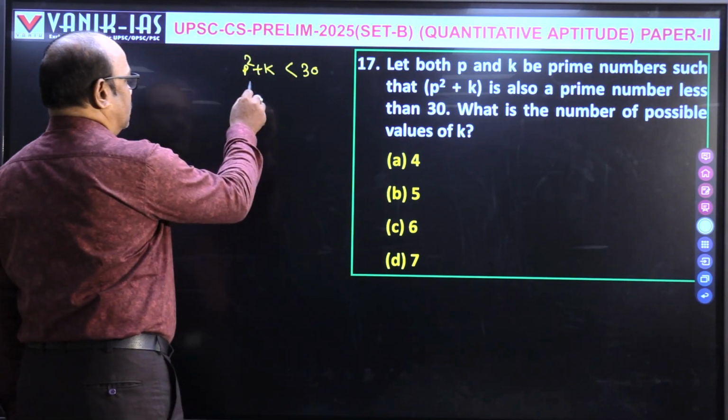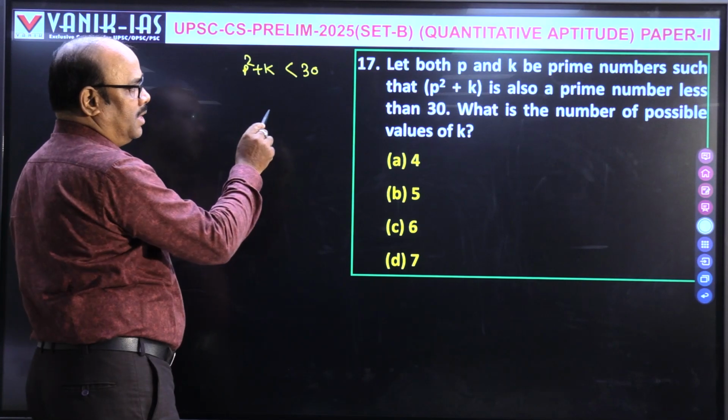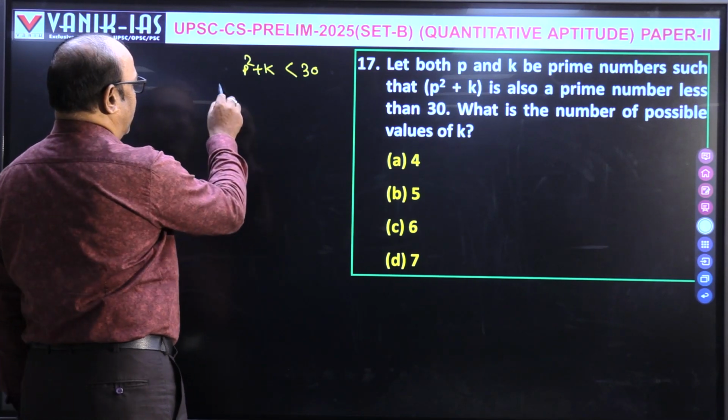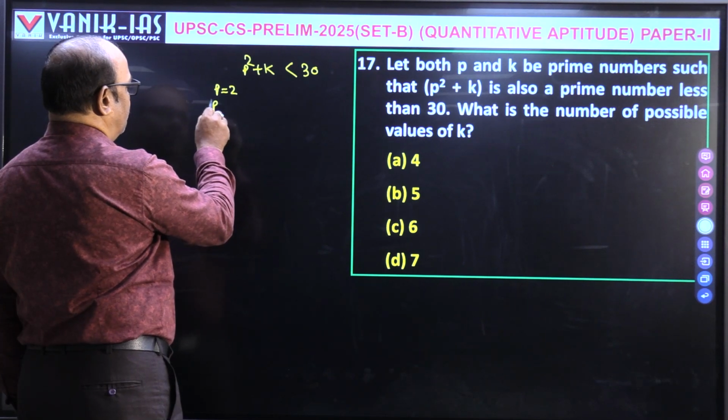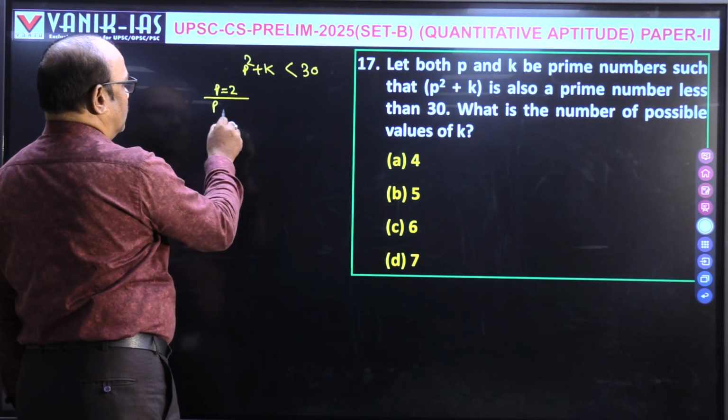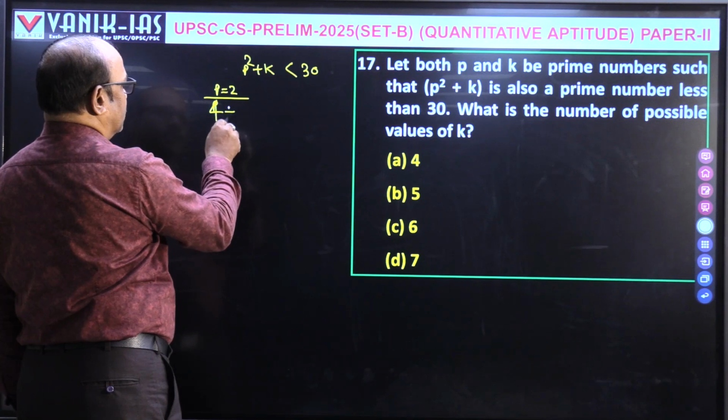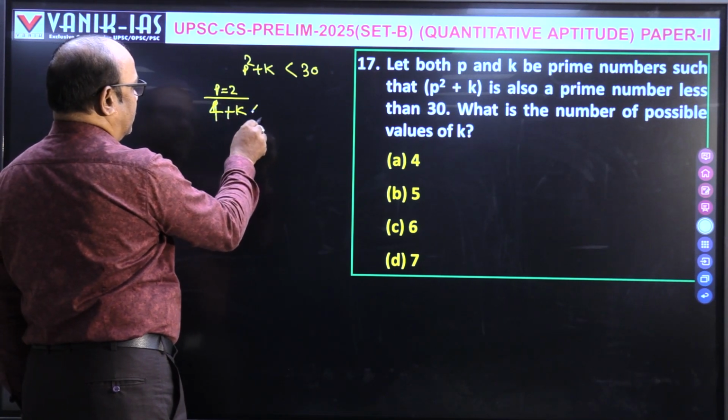Since p is squared, p will be a smaller number. So take p equal to 2, and you can take p equal to 3. First take p equal to 2. That becomes 4 plus k, which should be less than 30.